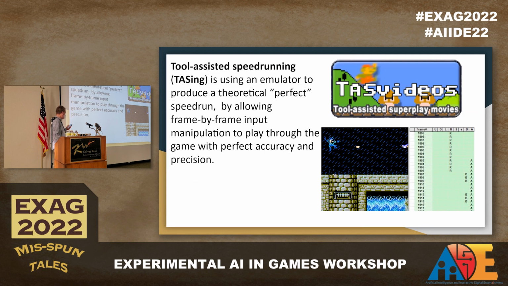These may show off glitches and manipulations that are not humanly feasible, but discoveries made in the production of TASes are often incorporated into speedruns to help refine them further. Pictured there is an example of a built-in TAS editor that shows which inputs are performed on each frame, and it can be backtracked and manipulated.